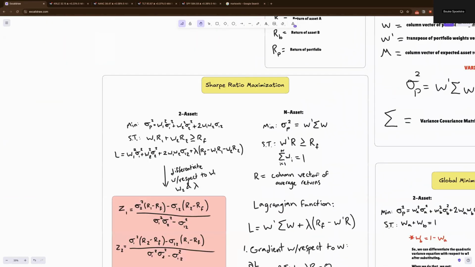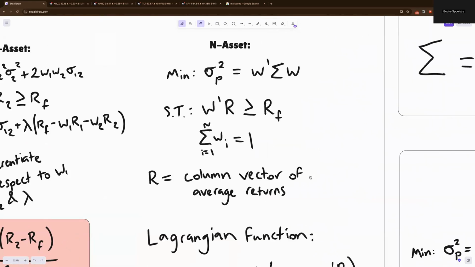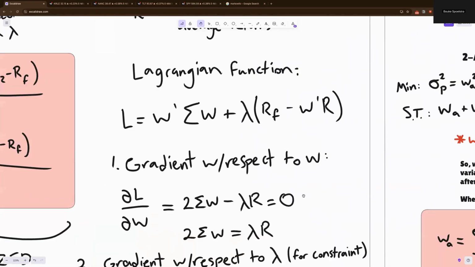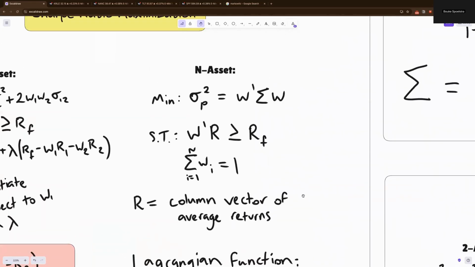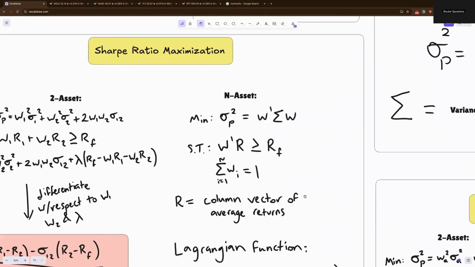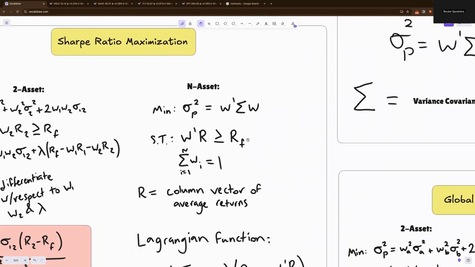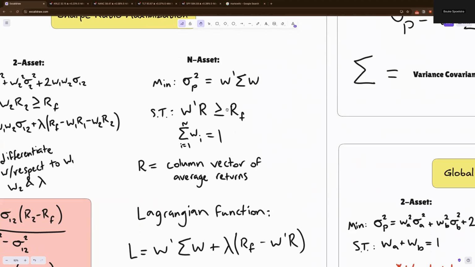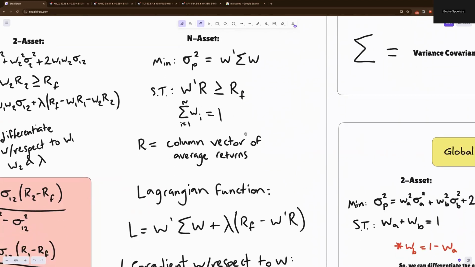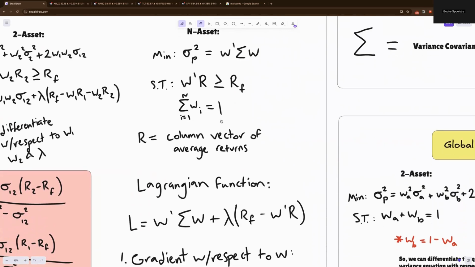For more than two assets, this is where it became tricky earlier. I'm not going to go super deep into this just because I don't want to lose anyone in the weeds, but basically we're minimizing the variance subject to the returns having to be greater than the risk-free, and the sum of the weights having to equal 1.